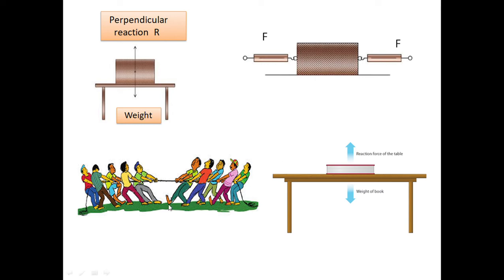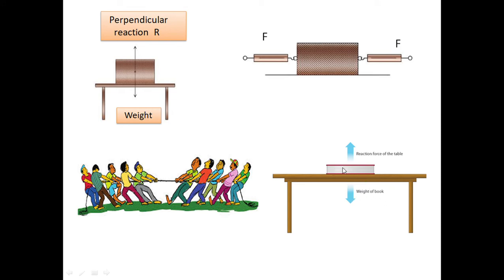Now if we take this tug of war, here also they have applied two equal opposite forces. So the rope will not move to either the right or the left if the two forces are in equilibrium.